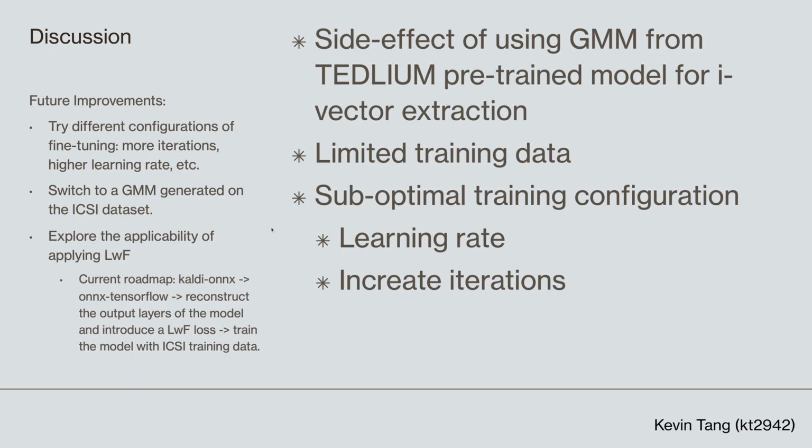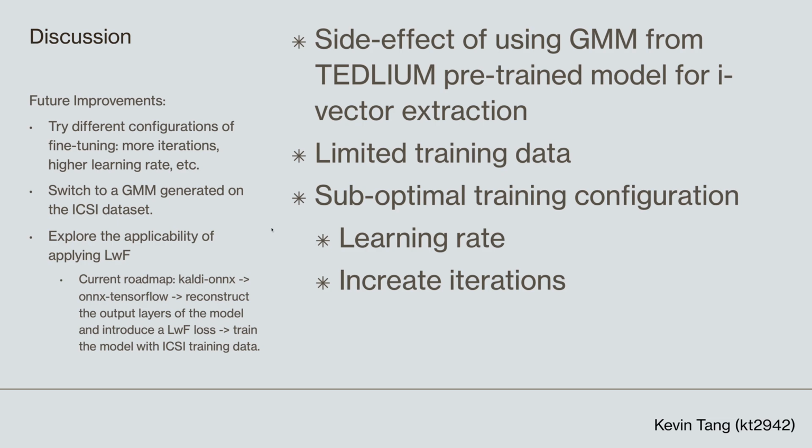First of all, when we were generating the i-vectors for the ICSI dataset, we tried to reuse the Gaussian mixture model from the Tedlium data, and I think this causes some side effect, just because this GMM is not able to represent the speaking characteristics of the ICSI dataset accurately, and that led to inaccurate i-vectors and therefore an inaccurate model in general. And also, the training data we have with the ICSI dataset is quite limited.